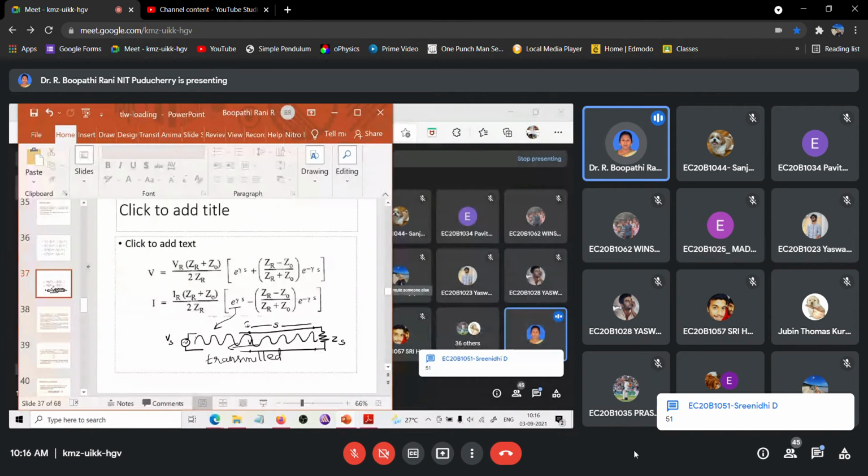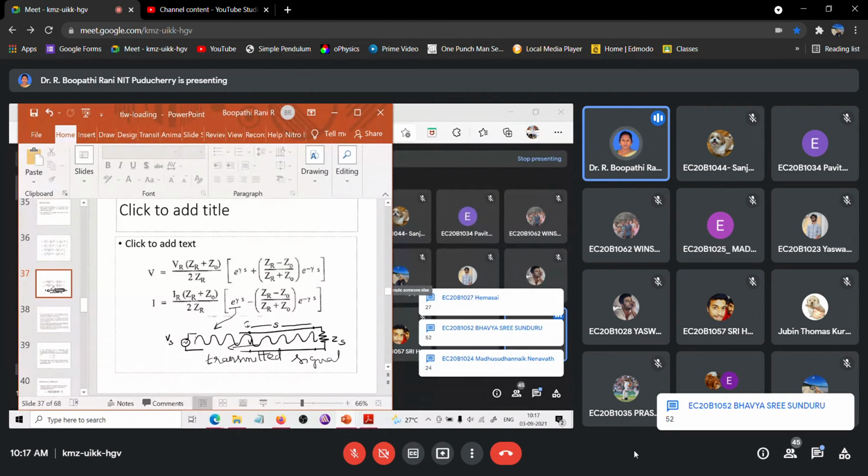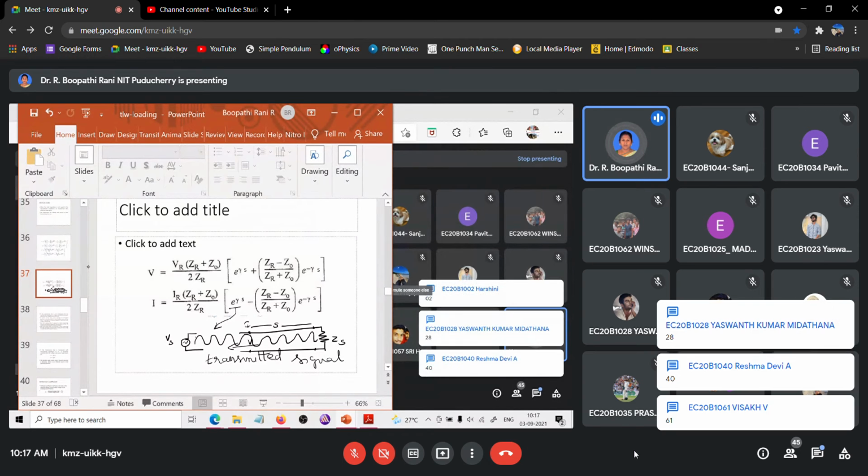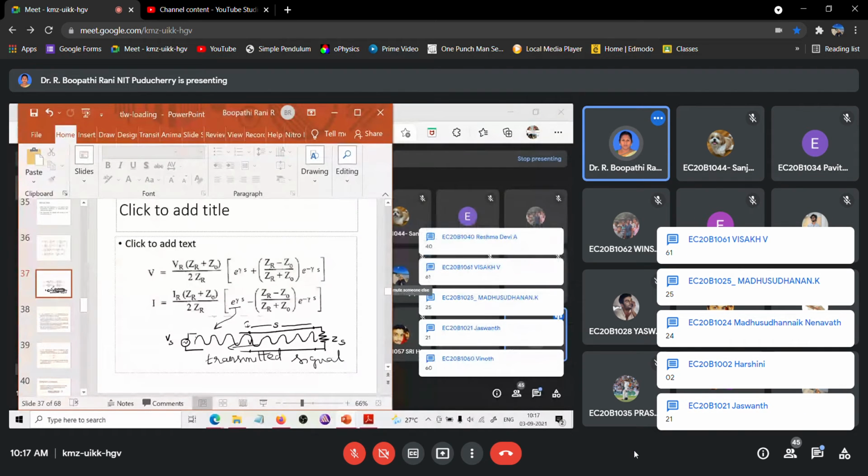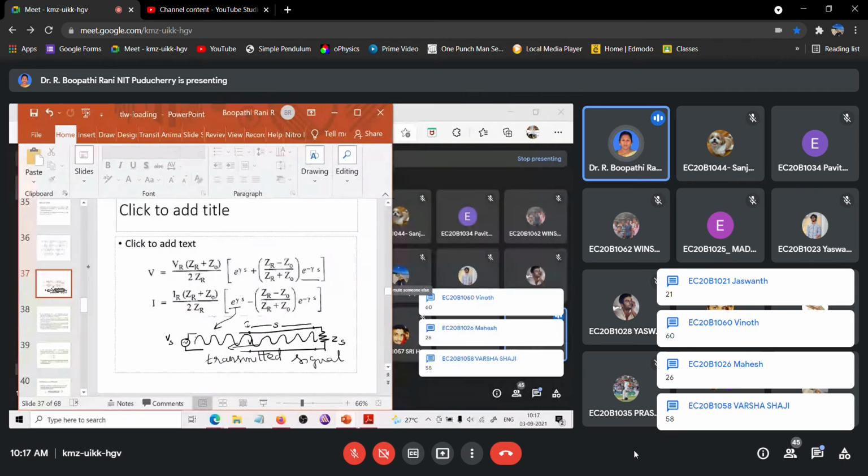So what about the second part present in this equation, (ZR − Z0)/(ZR + Z0) e^(−νs)? What type of wave is it? As s decreases, the quantity value increases.